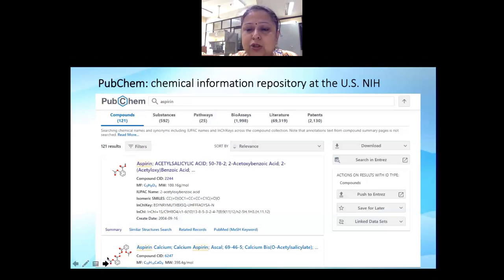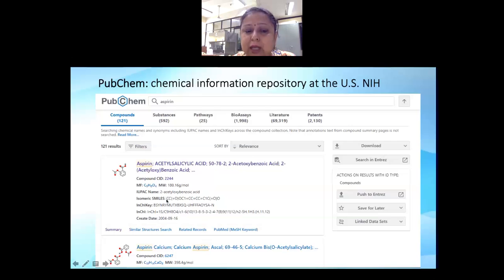So here we are showing you a glimpse of PubChem. Suppose you want to find out about aspirin, here it will give you the whole details: its chemical name, acetylsalicylic acid, its IUPAC name, 2-acetyloxybenzoic acid, then molecular formula, molecular weight.